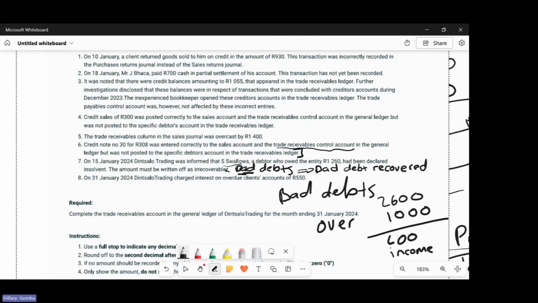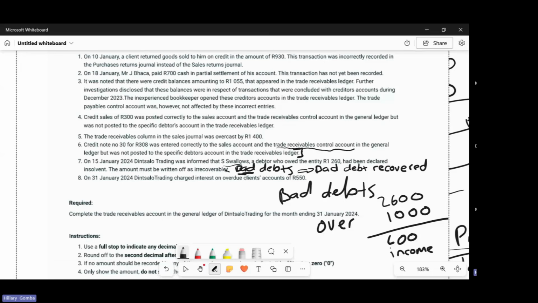Okay. So what happens at times is that if you're in a business that also deals with selling goods on credit, and a client was supposed to pay you on the date that you had agreed and they don't pay you, you charge them what we call interest. When you charge them interest, you need to record it on their ledger account.